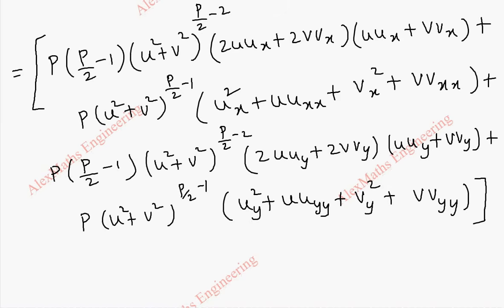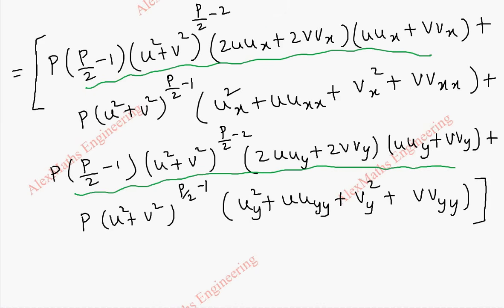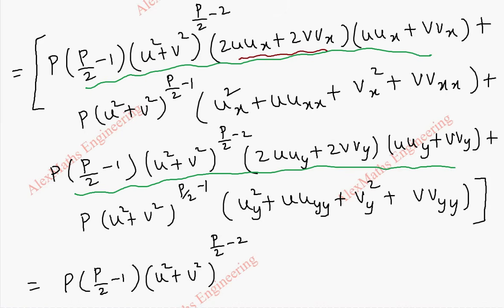Now we have to make a grouping. This first set of terms we can group with the third set of terms because many things are common. So p into (p/2 - 1) into (u² + v²)^(p/2 - 2). Here, after taking 2 common from this, these two terms will be similar.